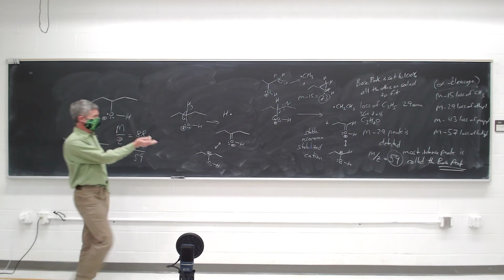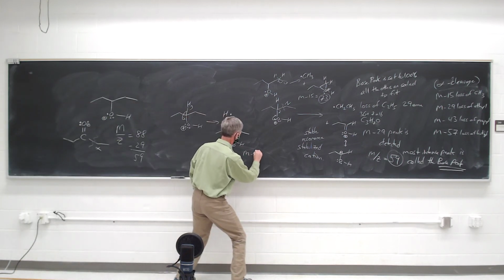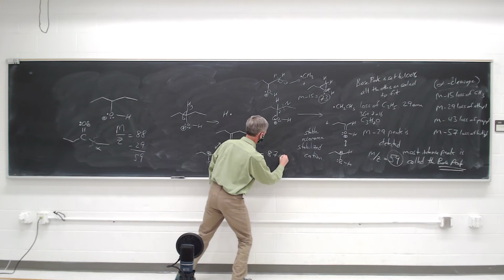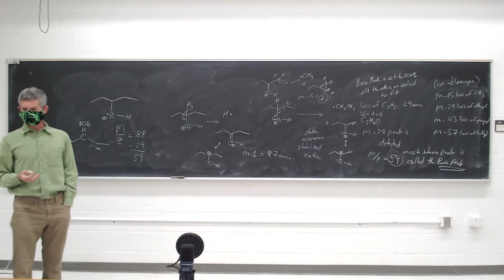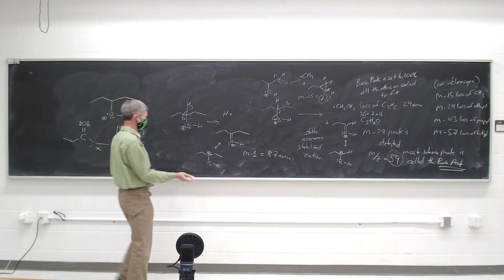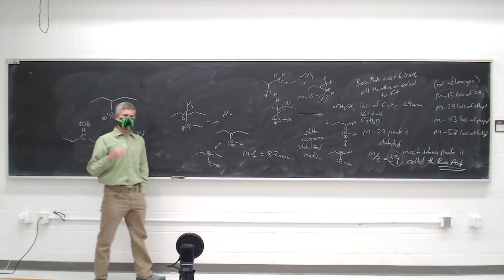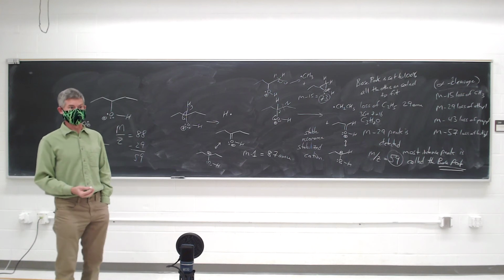And that would be M-1. It is almost always possible for a molecule to fragment in some way by losing a hydrogen radical, so it's pretty common to see an M-1 peak.